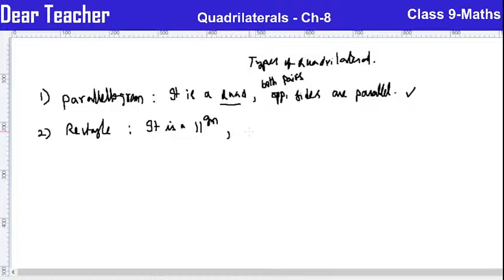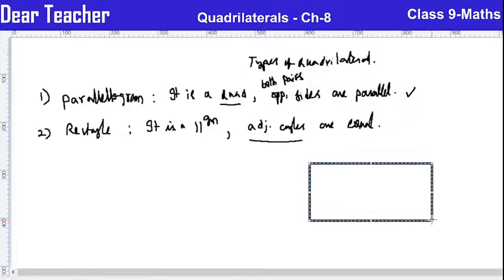So it is a parallelogram in which adjacent angles are equal. You will be listening to so many definitions, but this is the actual definition. If adjacent angles are equal, then automatically all the angles will be 90 degrees. How? I will give you an explanation.